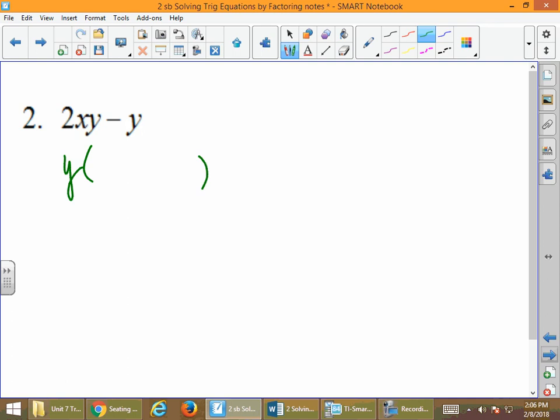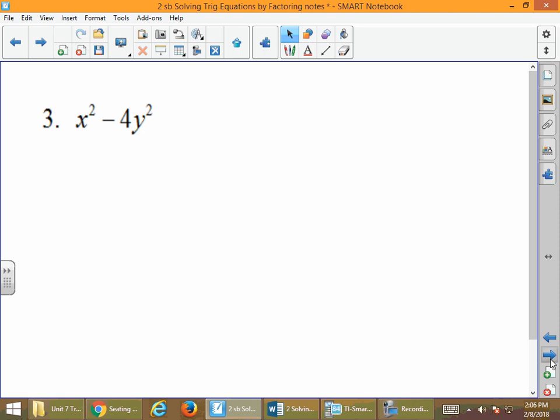Once again, greatest common factor. 2xy divided by y is 2x. Y divided by y is 1. There's still a minus in between those two. Can we factor any more on this one? No. We don't have a squared in this problem. There's nothing else that we can do. So this one was just a straight greatest common factor problem.